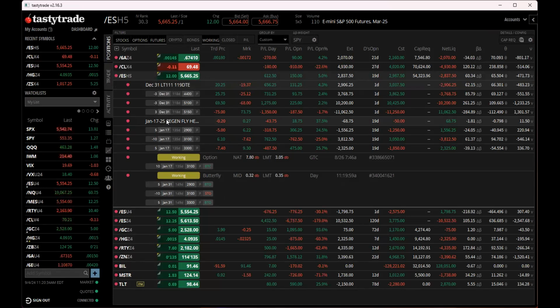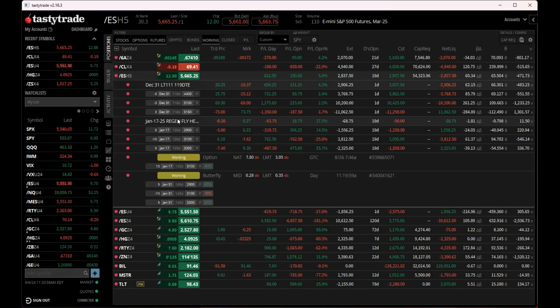It's not a Vega hedge now because it gives you a very slight positive Vega. Once this trade gets moving, it'll be more of a Vega hedge. You want something that's going to give you more Vega so that if you get an increase in volatility, that's going to help offset. This is more right now initially a delta hedge.